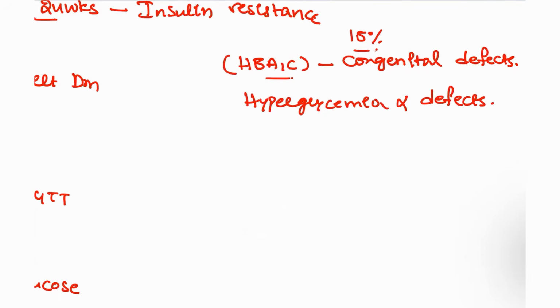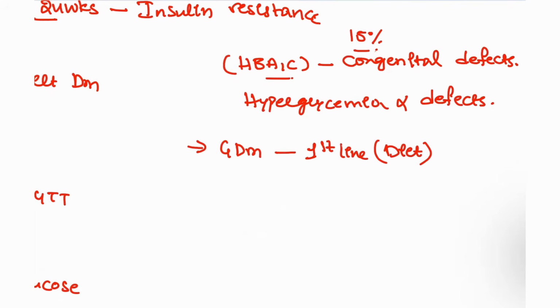And what the complications are, we will discuss. Before that, what are the things that you have to do? The first thing is therapy. Coming to the treatment, if the patient has gestational diabetes mellitus, the first line will be diet. Diet restriction should be done for this patient.